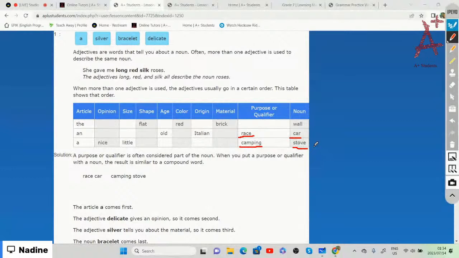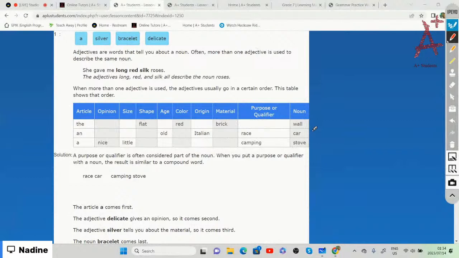All right. So we say that an adjective is a word that tells us about the noun, and often more than one adjective is used to describe a noun.